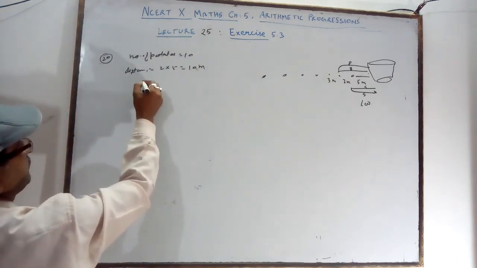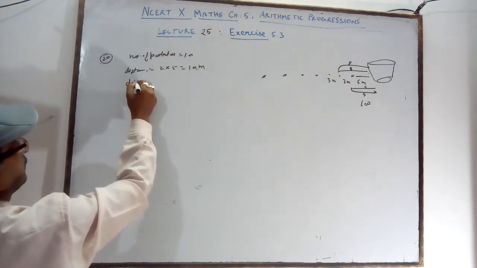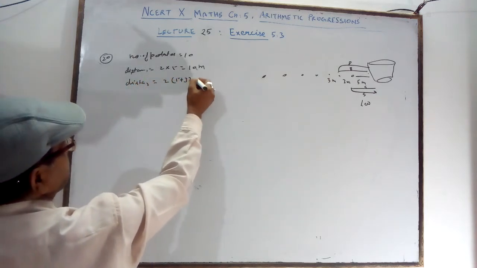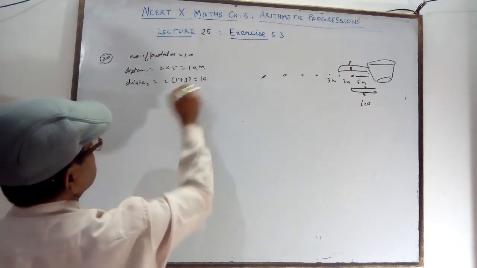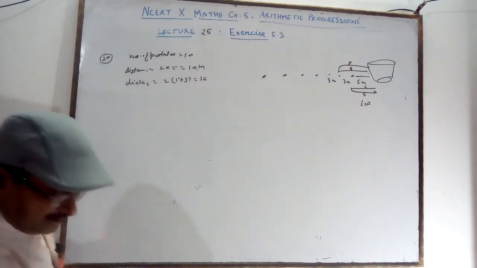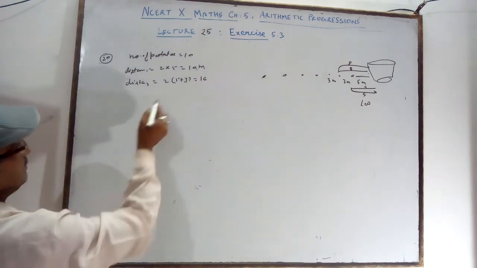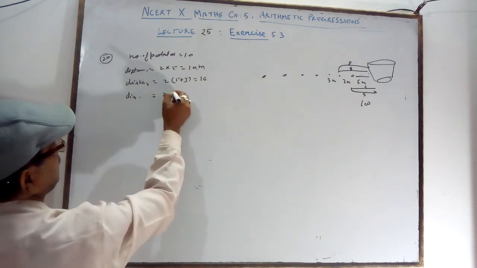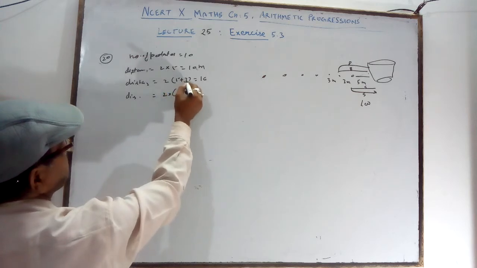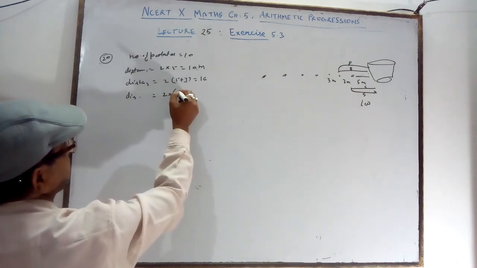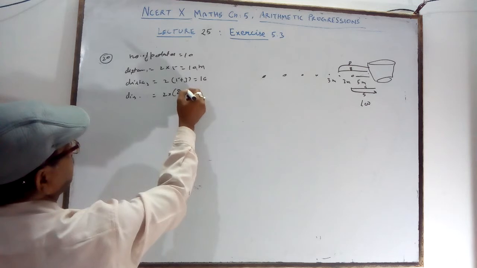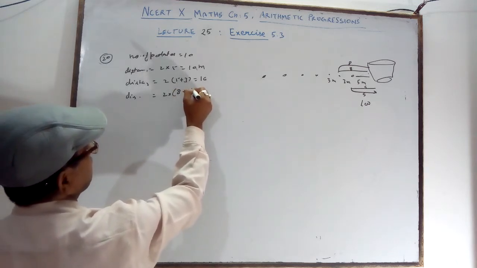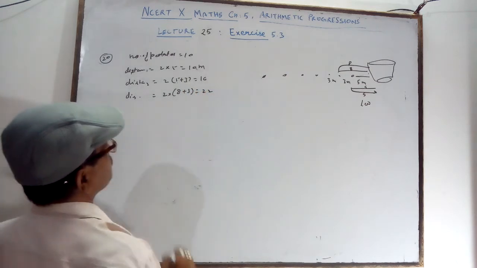Distance 2 will be 2 into 5 plus 3, which is 8, so 16. Distance 3 is 2 into 5 plus 3 plus 3, that is 8 plus 3, which is 11, so 22.